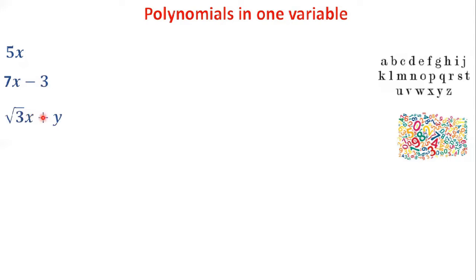Root 3 x plus y. Root 3 x is one term and y is another term. Root 3 x plus y is a polynomial. 7 by 2 xy plus 5 is a polynomial, but look at the variables. Here there are two variables.